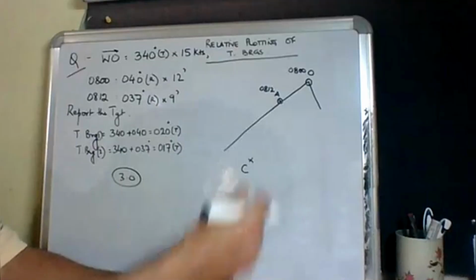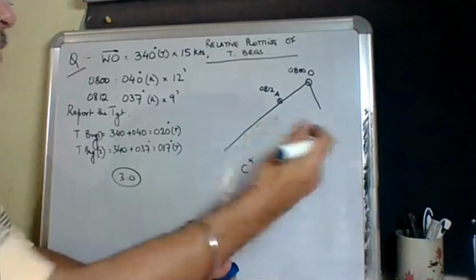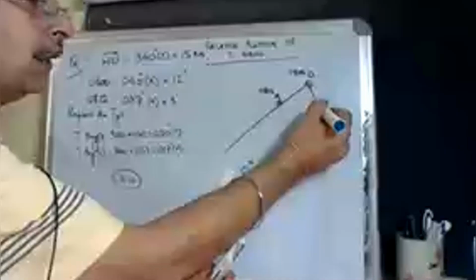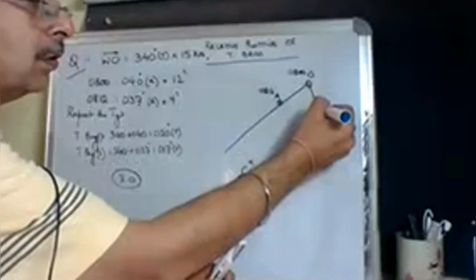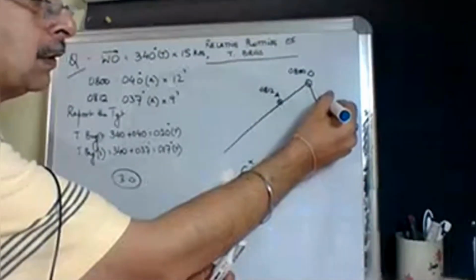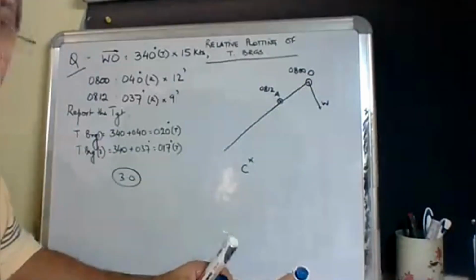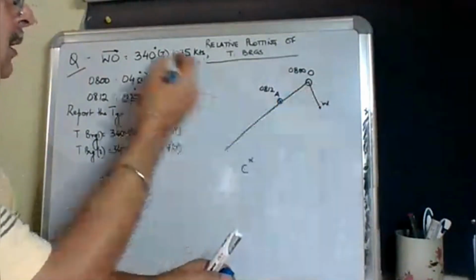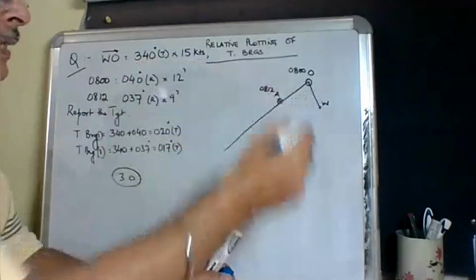That means from W, the heading is toward O. Mark 3 miles away on this line. Call that point as W. So W to O is heading 340, 3 miles.